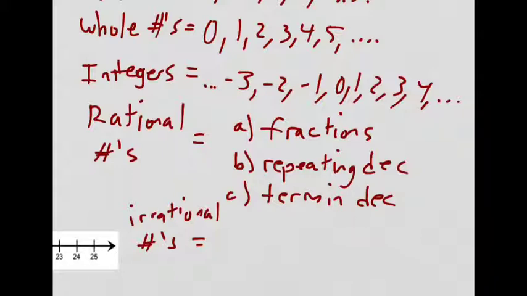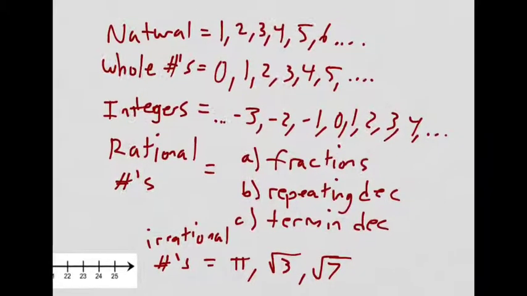They have no pattern to them, and they never end. So examples of that would be pi, a very famous irrational number. You square root any prime number like 3 or 7. Those are also irrational. There's no pattern to their decimal. They go on forever, seemingly at random.